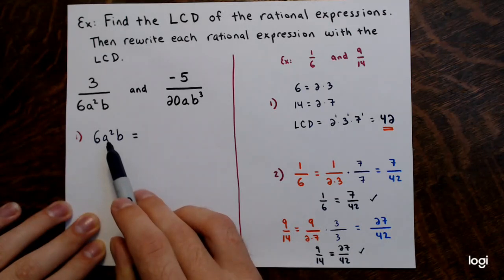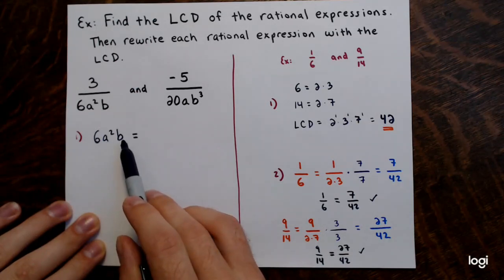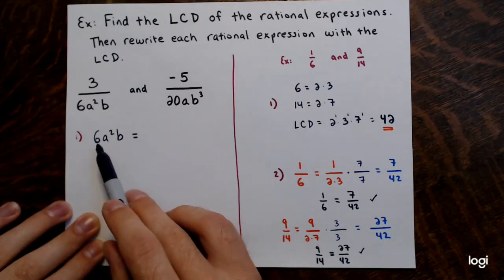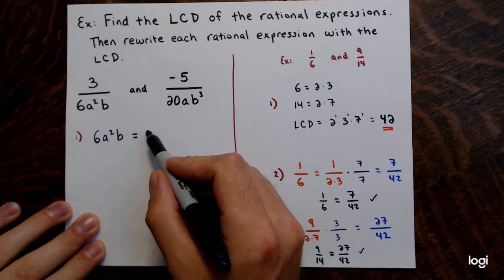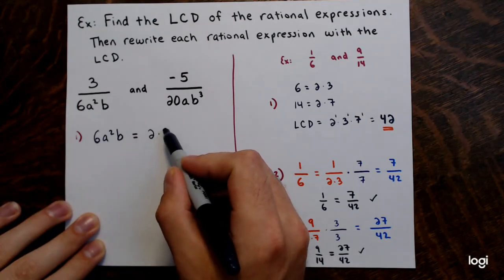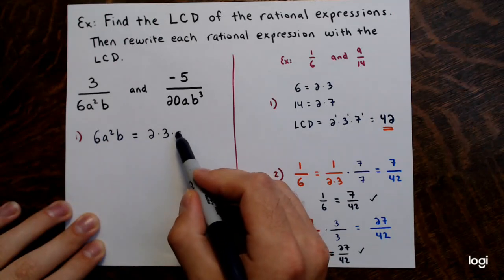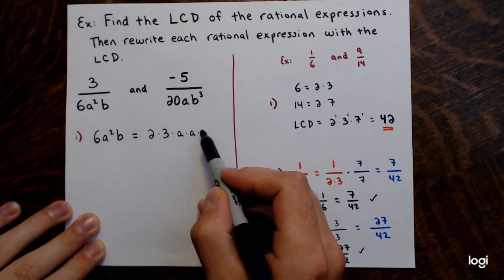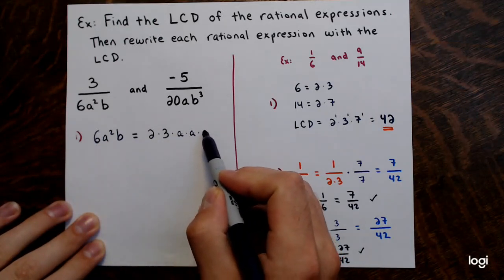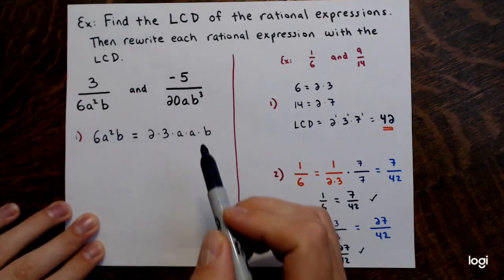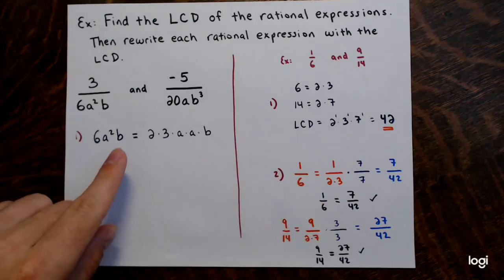That doesn't mean they're representing primes. It just means we're going to treat them like a prime. So a squared is simply a times a, b is b, and those don't break down anymore. But the 6, numerical factors we can break down further if we need to. So 6 we saw earlier, that's 2 times 3. And you can leave a squared as a squared if you want, or you can write it as a times a, same thing. Then times b. There's all the factors of this first denominator.